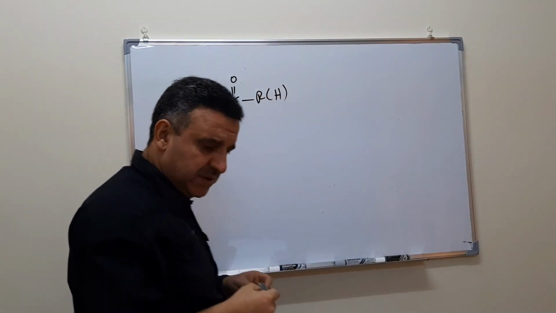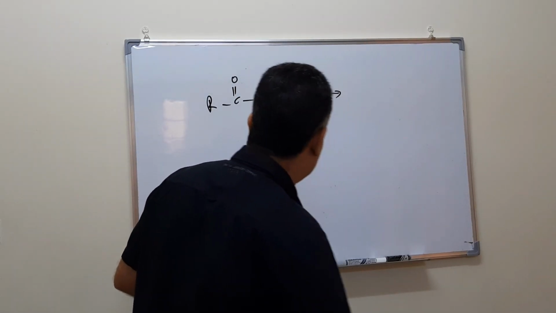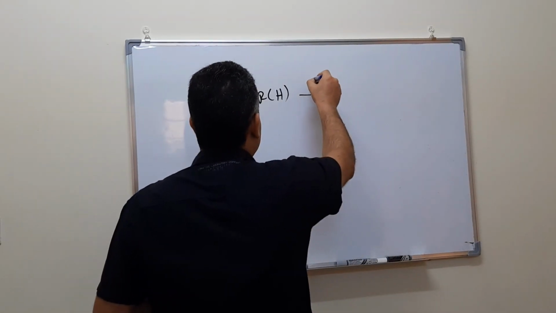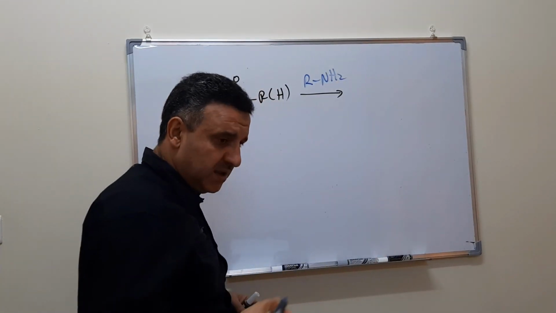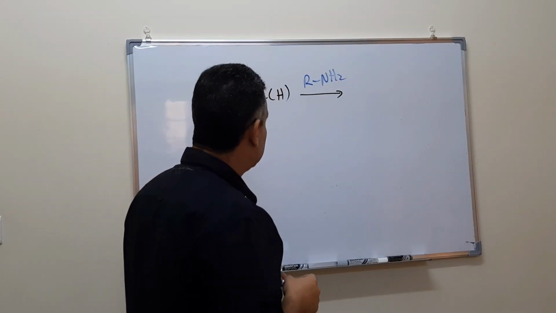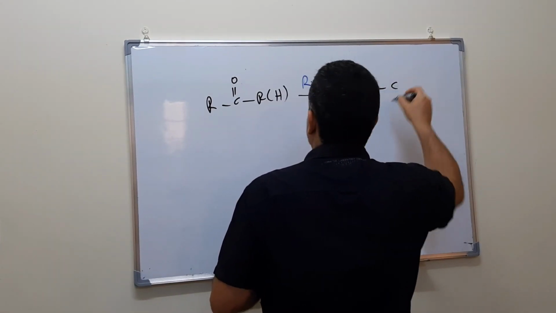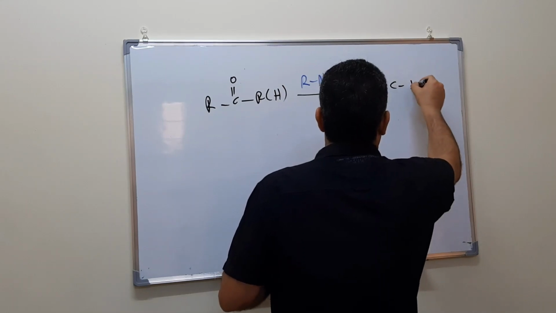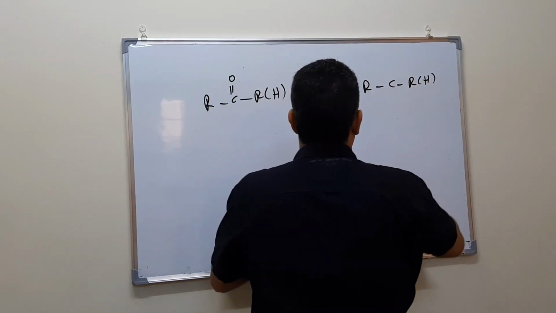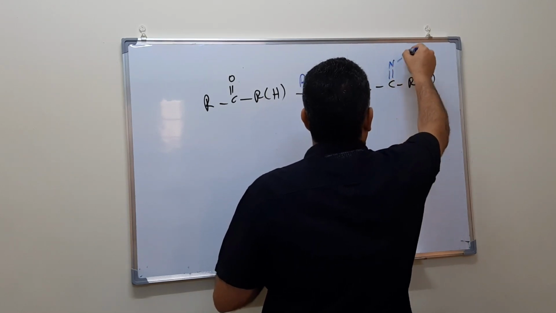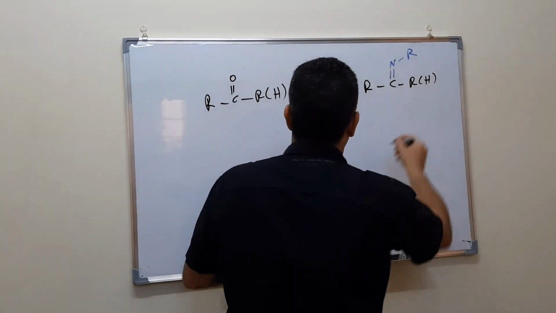When they react, again, I'm going to use a different color now, when they are reacting with any amine or primary amine, let's say primary amine or ammonia, you follow me? What we are going to get: R, C, R or H, and then double bonded to N, R, plus H2O.